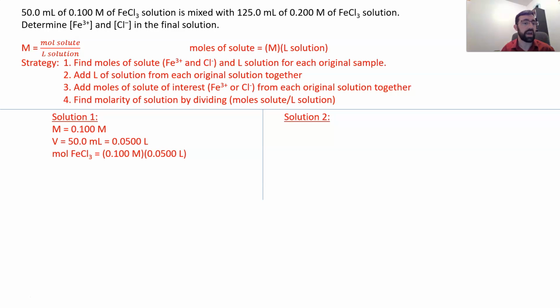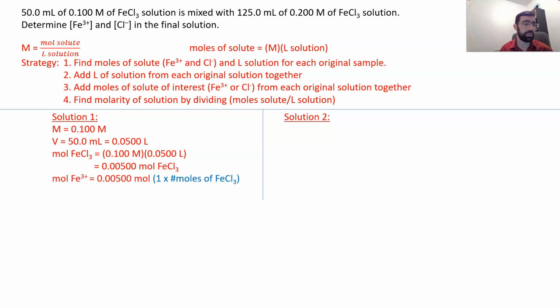So the moles of FeCl3, if we rearrange this equation, the moles of solute ends up being molarity times the liters of solution. So that's what we did here. Moles of FeCl3 is just the molarity of FeCl3 times the volume in liters of FeCl3. So we get 0.00500 moles of FeCl3.